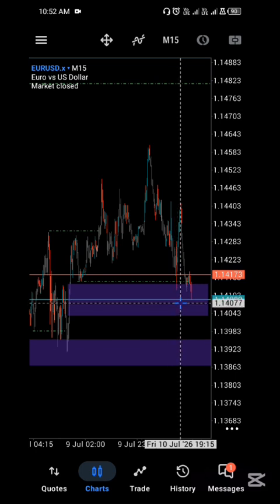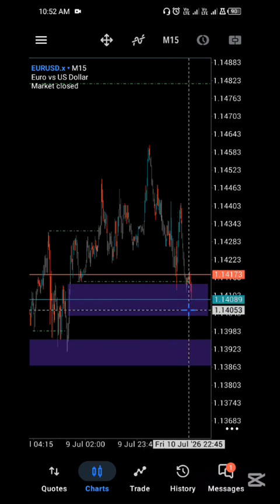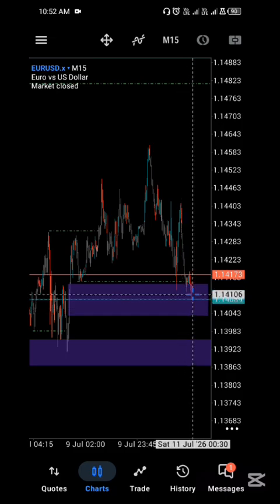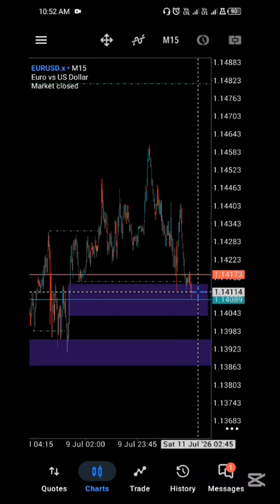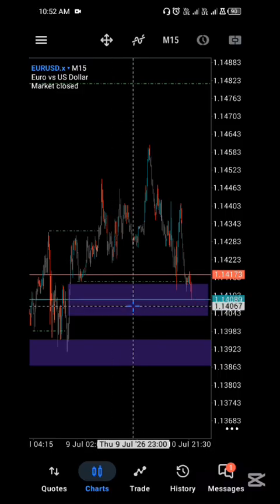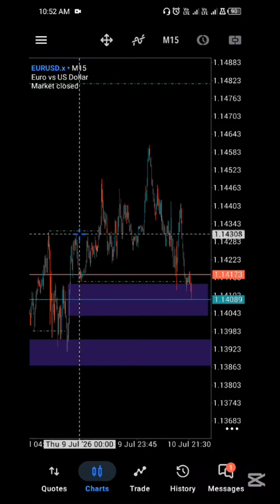I'm anticipating that on next week's market open, we will take off from this fair value gap around here, because we have already taken the sell side liquidity, and there is this fair value gap, and we already had the change of character.